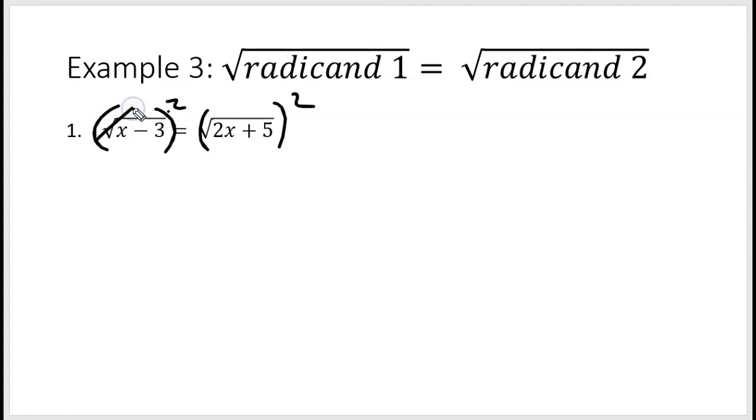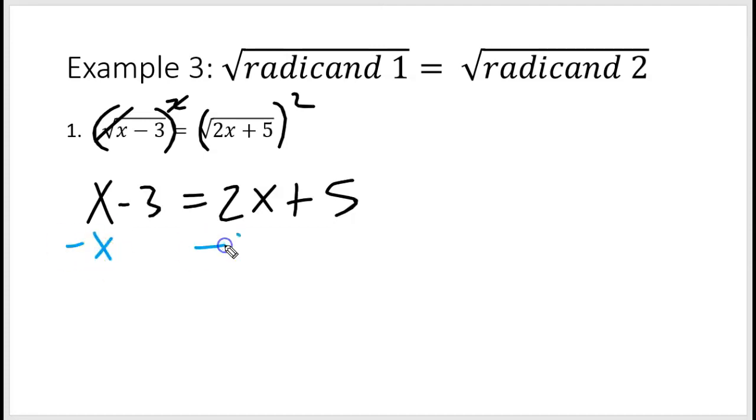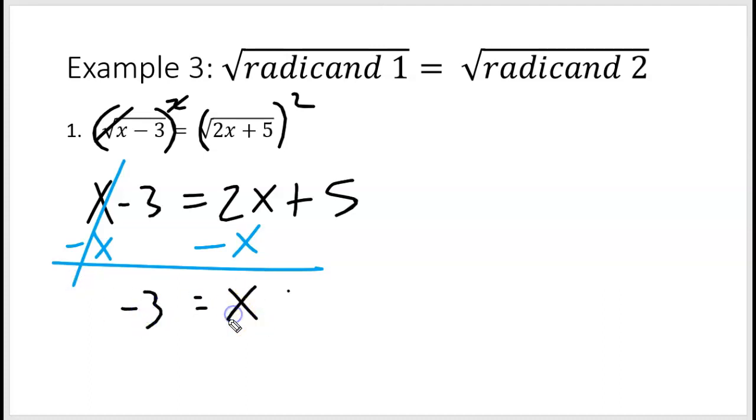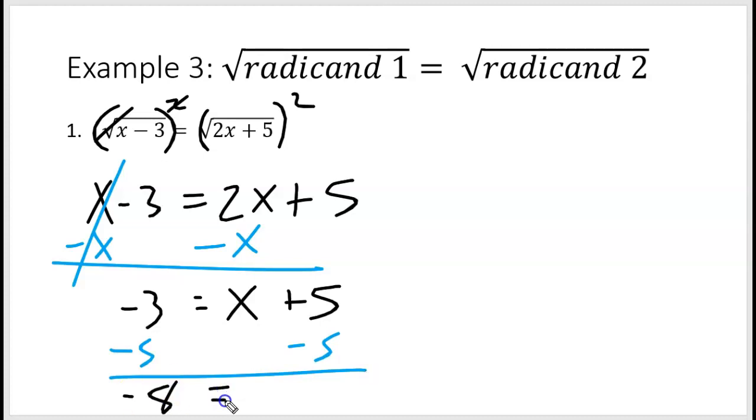And of course, the square root and the square cancel each other out, so we're left with just the regular old equation. From here, we're just going to use some basic algebra to solve it. So I'm going to put my x's together. Move the 5 over. So I got x equals negative 8.